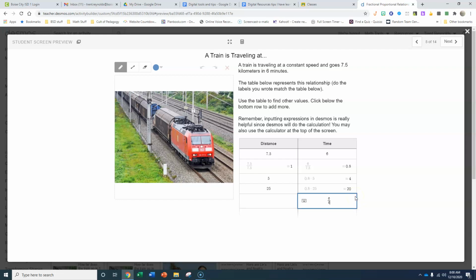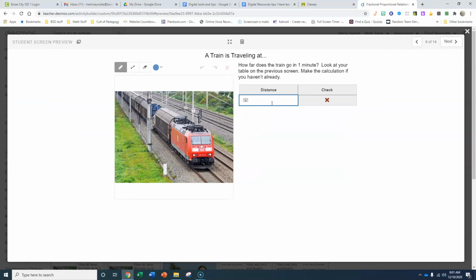So I'm going to say 6 divided by 6. That gives me 1. And over here, I'm going to take that 7 and 5/10, and I'm going to divide by 6. Okay? So I get 1 and 25/100 kilometers in 1 minute. So let's test it. I get it right. Okay, so the next screen.